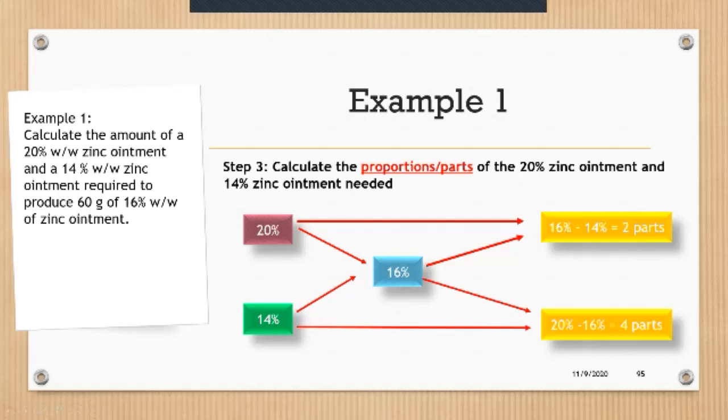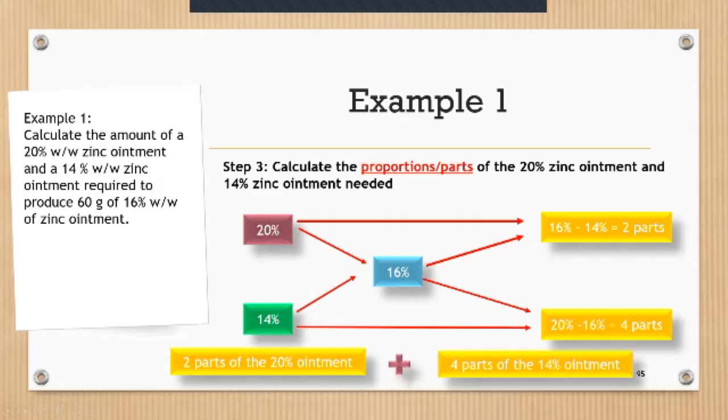Here, you do a subtraction between the 16 and the 20, and you're going to get 4 parts. How you interpret this is to say that I will be using 2 parts of the 20% ointment and 4 parts of the 14% ointment. You then add the parts together, and then you will end up with a total of 6 parts.